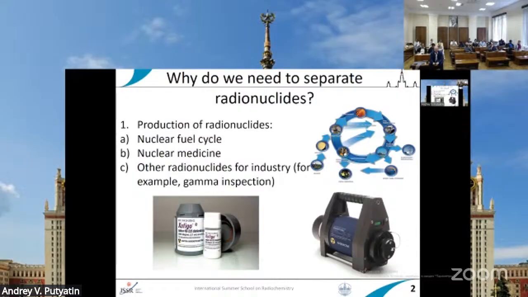It's also a problem that deals with separation of very different radionuclides. Another very important point is separation of radionuclides for nuclear medicine. And the third is radionuclides for other types of industries, for example, gamma sources, cobalt-60 for gamma inspection, and so on.